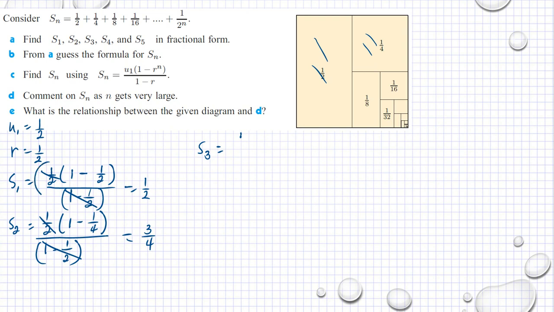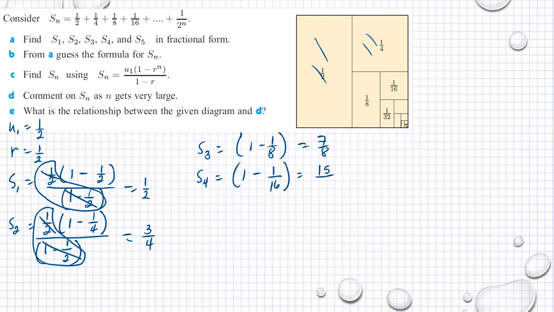Maybe you can see the pattern. This is always equal to 1. So for my S sub 3, I have 1 minus 1/8. Then we have 7/8. S sub 4, then we have 1 minus 1/16. Then we have 15/16. S sub 5 is equal to 1 minus 1/32. Then we have 31/32.